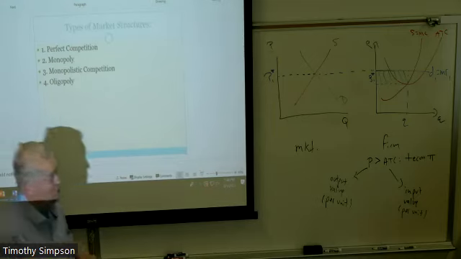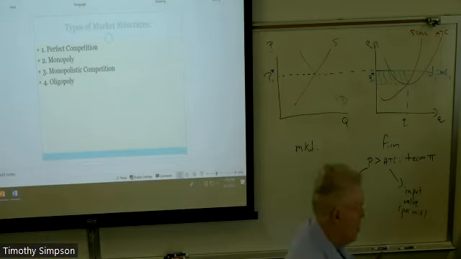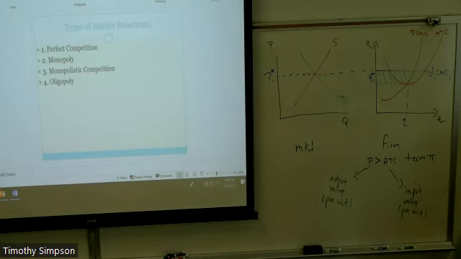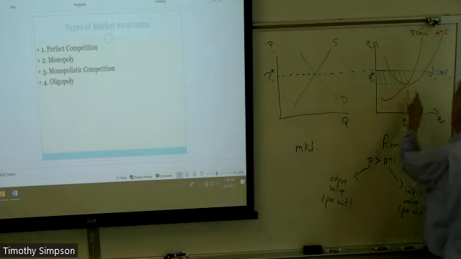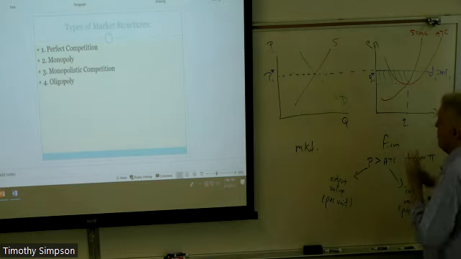And that's why I spent some time at the outset today going over those last three firms as being distinct from perfect competition. It mostly has to do with marginal revenue, but not marginal cost. Marginal cost is what it is. And so here's the thing: the firm will always produce output where marginal revenue equals marginal cost.